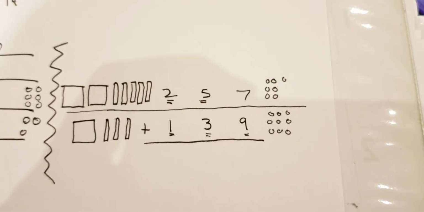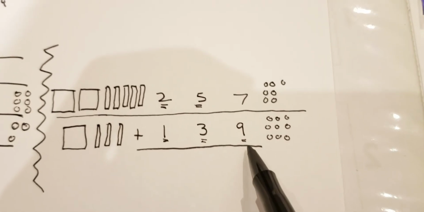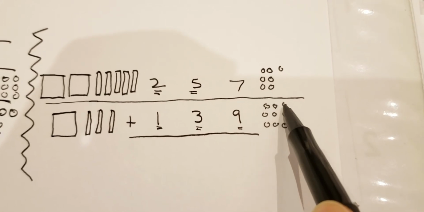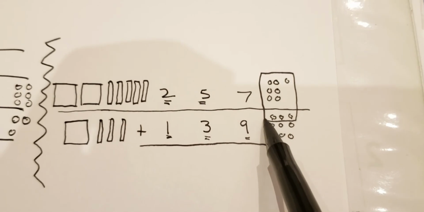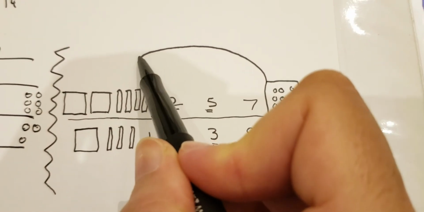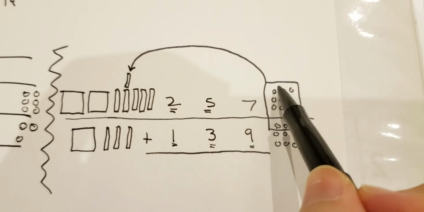Now we are ready to add each place value. First we start with our ones. We have 7, 8, 9, 10. We need to regroup. So we circle all of these. And we have to draw the arrow over saying I need to change 10 ones for 1 ten.